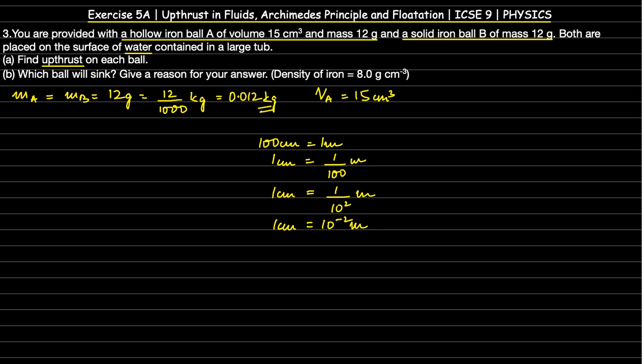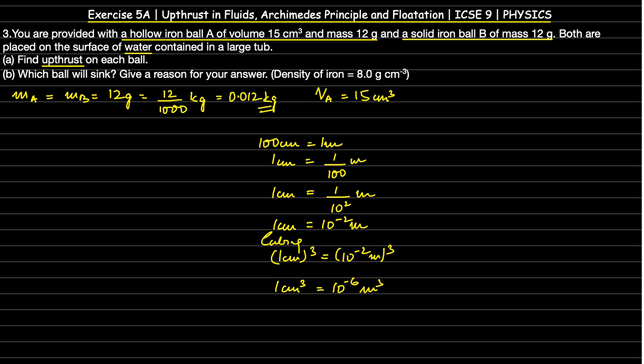Now we will be cubing on both sides. 1 centimeter, the whole cube, will be equal to 10 to the power of minus 2 meter, the whole cube. 1 cube is 1 itself, centimeter cube is centimeter cube, is equal to 10 to the power of minus 2 cube is 10 to the power of minus 6, meter cube is meter cube itself.